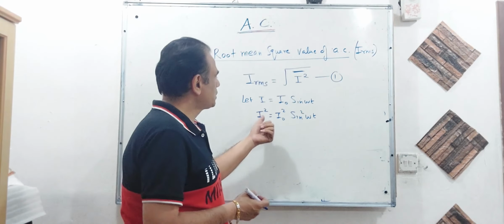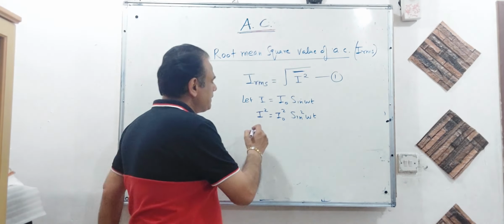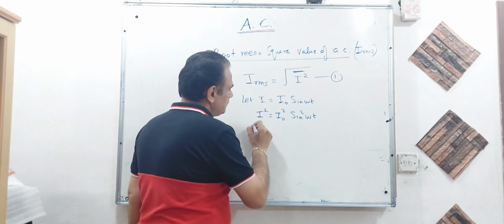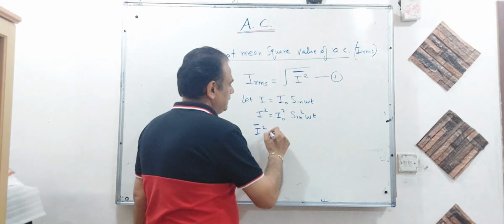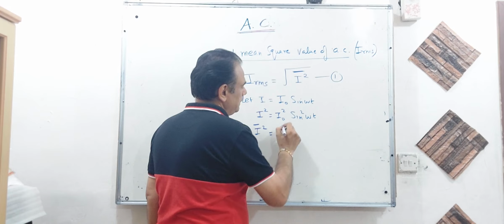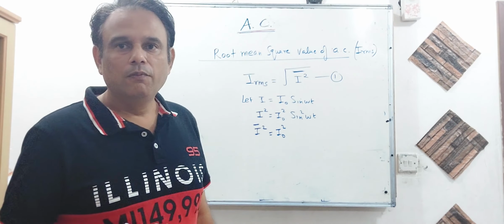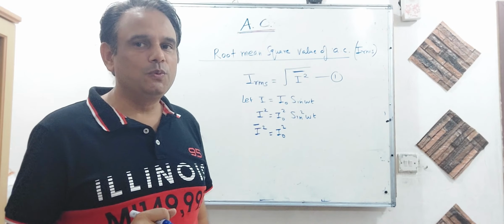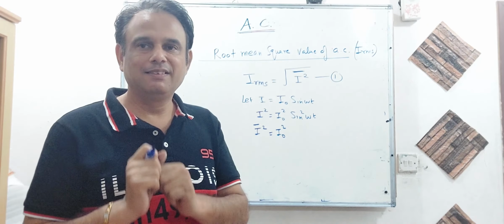I got the square. Now I have to find the average. Average means putting a bar on it. Do you remember what I said in the previous video? Whenever I have to find the average, what do we do? The time dependent term we keep in a special bracket.